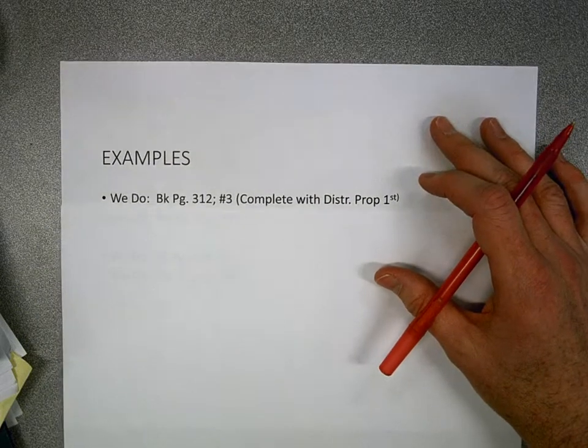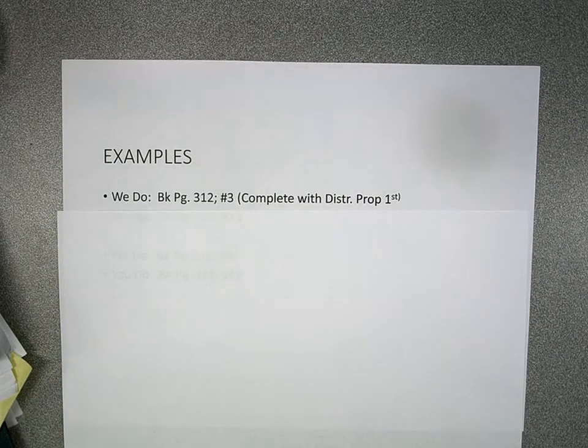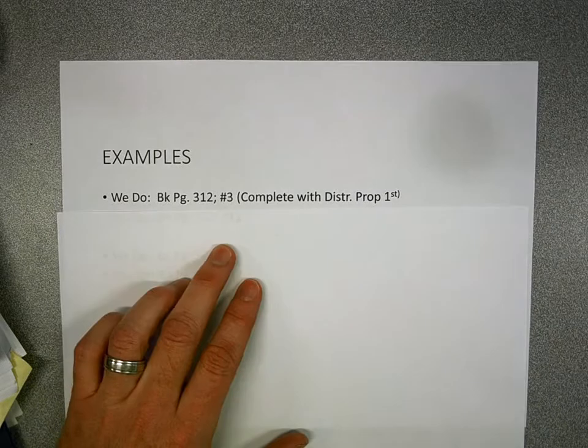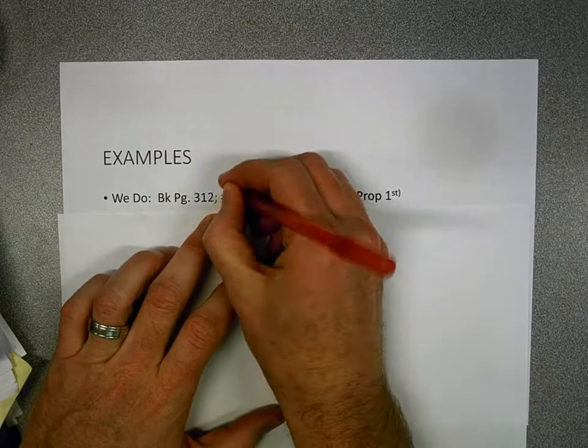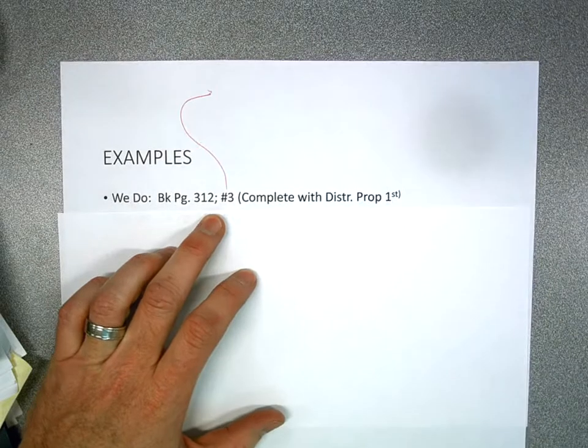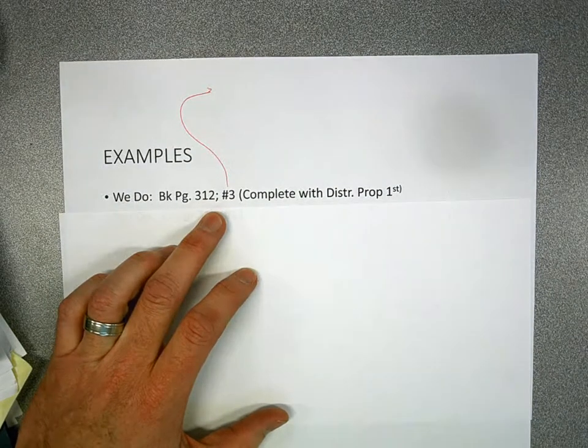Okay, so what I want to do is, and the little thing in the parentheses, a little note to me, but I actually had remembered already. Anyway, let's take a look at page 312, problem number 3.